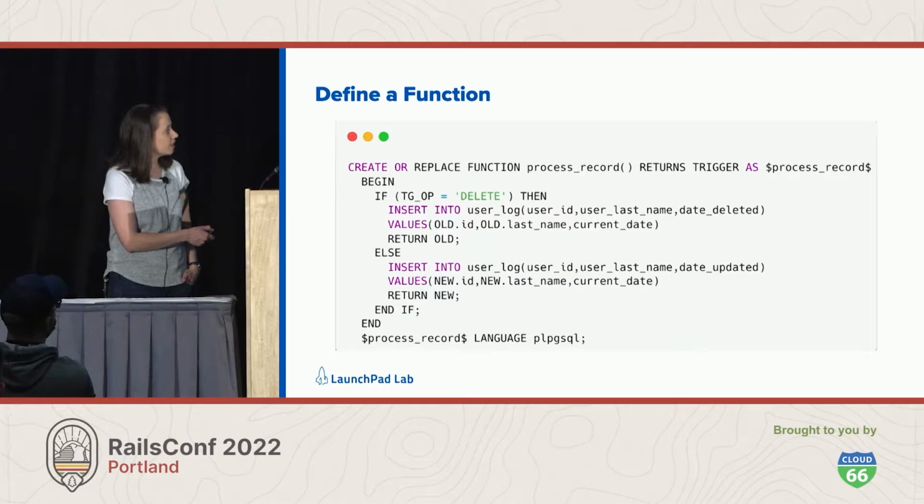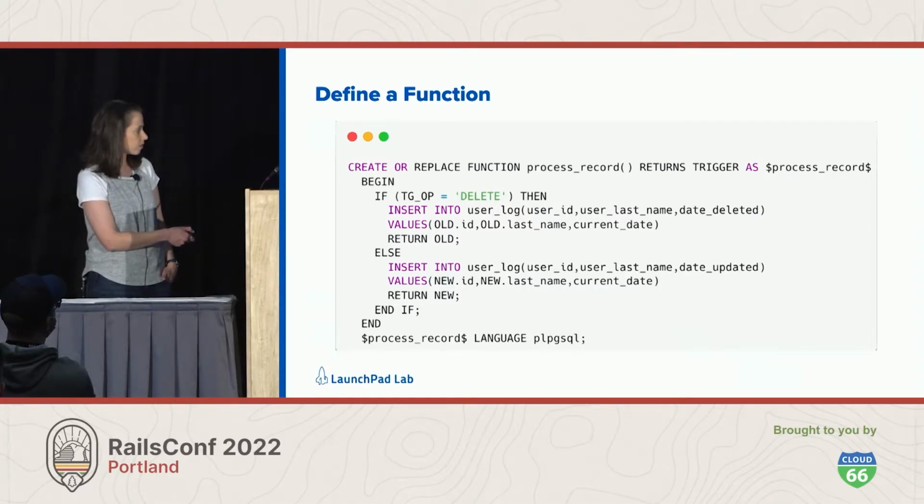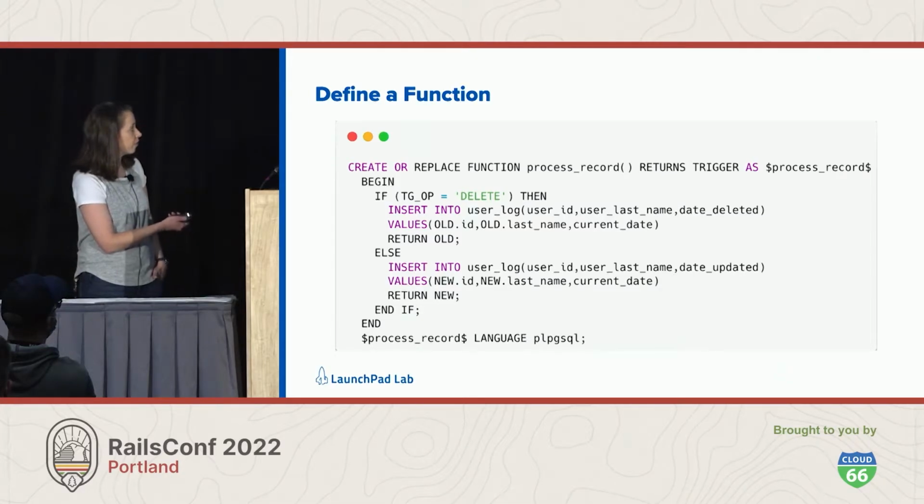That was really nice. And then maybe if it's not a delete, you're treating create and update the same. You have the NEW keyword to know what the new version of that record was. Then you also want to return the record or the operation that happened, using that variable name. So that's what a function looks like.